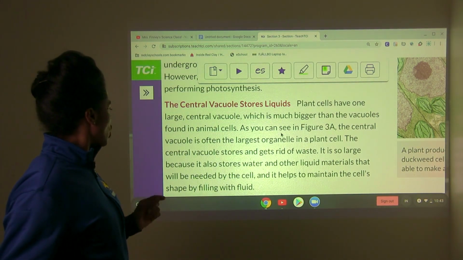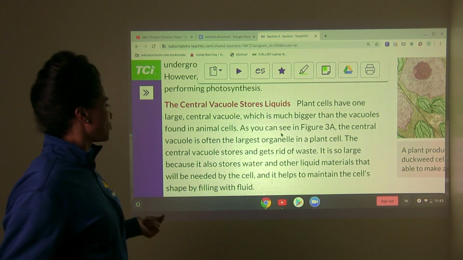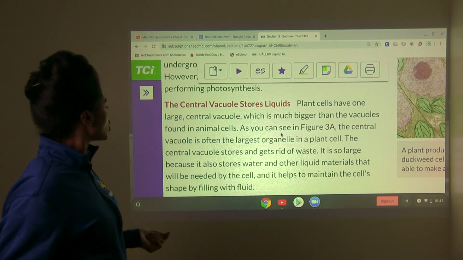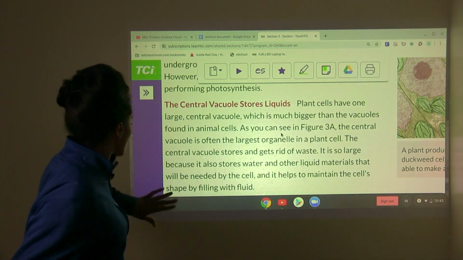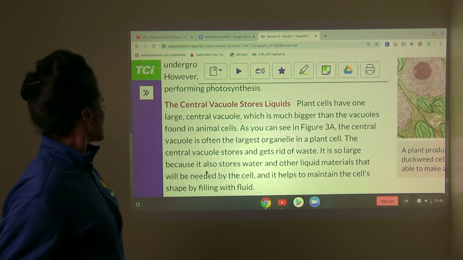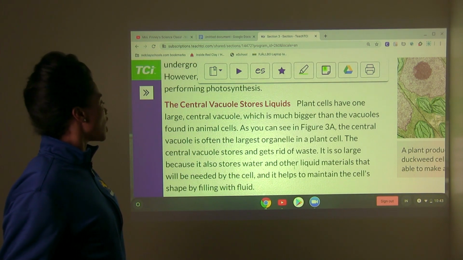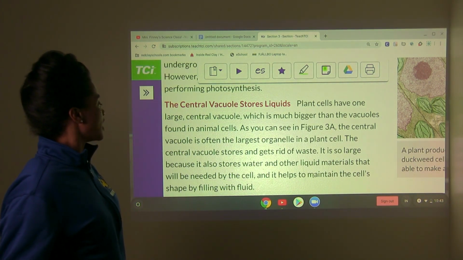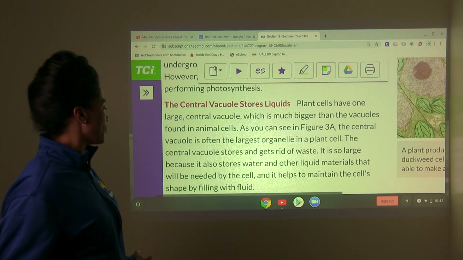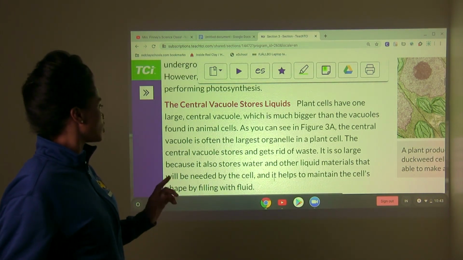The central vacuole is often the largest organelle in a plant cell. The central vacuole stores and gets rid of waste. It is so large because it also stores water and other liquid materials that will be needed by the cell. And it helps to maintain the cell's shape by filling with fluid.